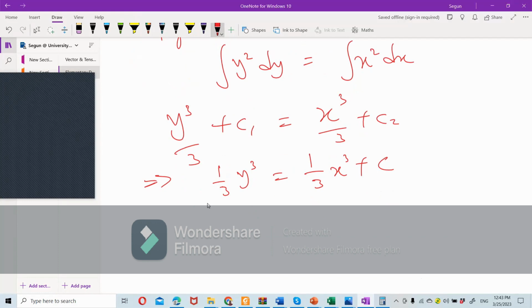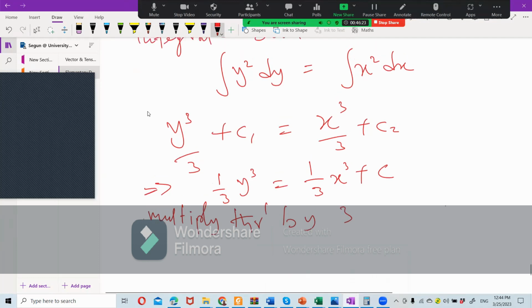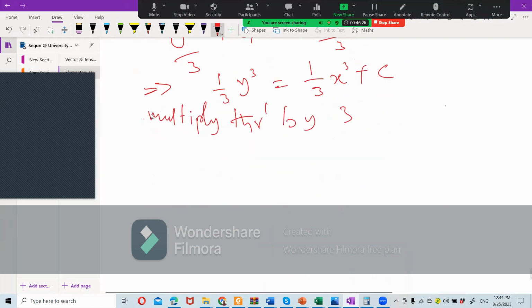Now that we have this, I can multiply both sides by 3. If I multiply both sides by 3, I will eliminate the 3. Remember 1 over 3.